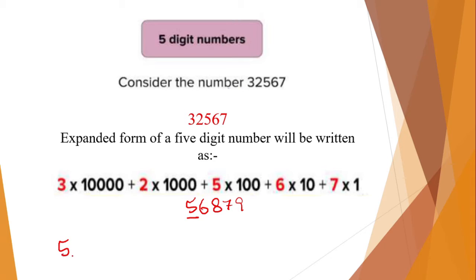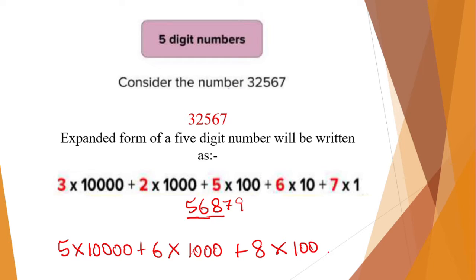So 5 into its place value, which is 10,000, plus 6, which is the next digit, into its place value, which is 1000, plus 8 into its place value, which is 100, plus 7 into its place value, which is 10.